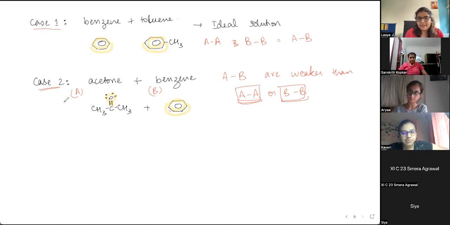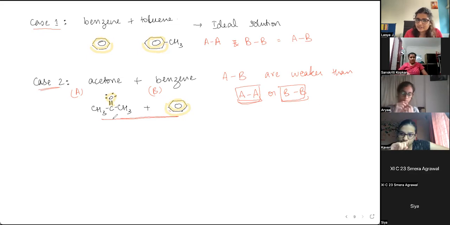So if we're just comparing interactions, kaise rahega? Like when it is purely benzene, it is of one type. There's going to be attractive forces, repulsive forces. When it is purely acetone also, they'll have their own set of attractive forces, repulsive forces, jo bhi hai. When you mix acetone and benzene, mixture hai, then these two are forced to interact with each other. The molecules are mixed. They will hit each other.